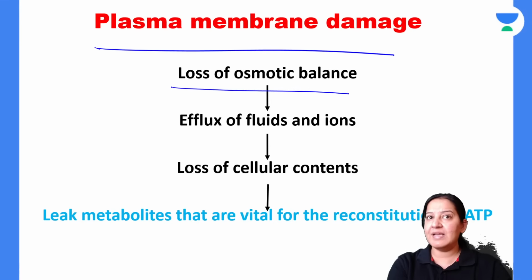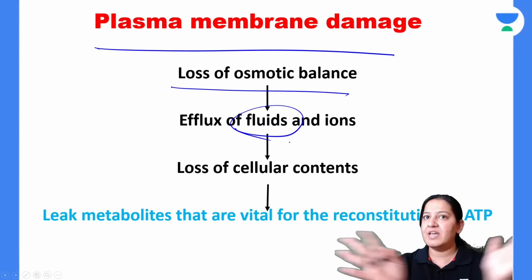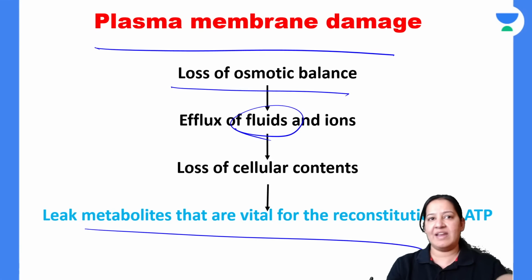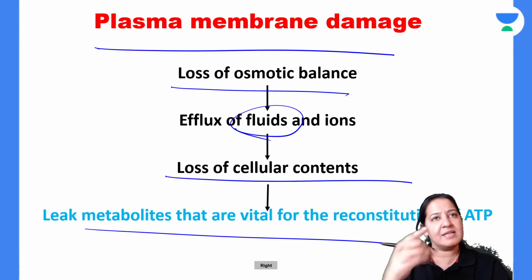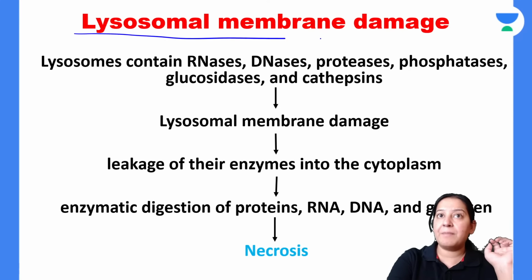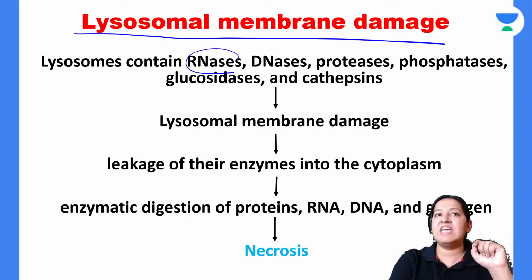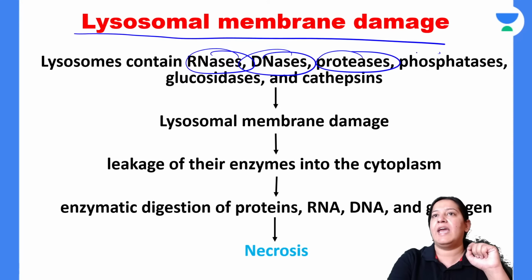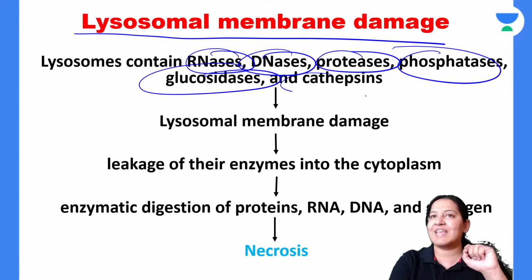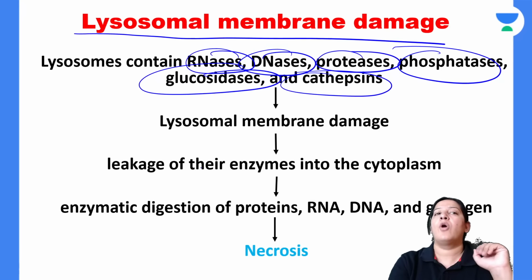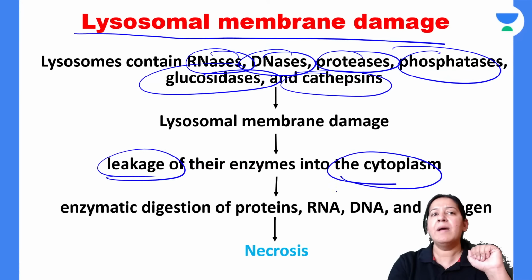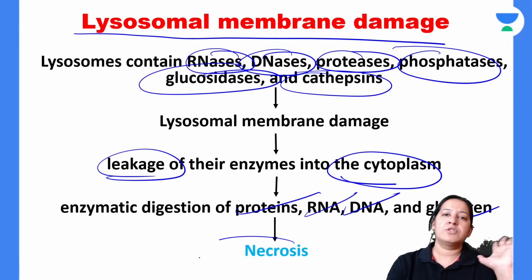If the plasma membrane is lost, the fluid will come out. There is leakage of the fluid, loss of the cellular contents, and the cell will die. And number three, lysosomal membrane damage. All the enzymes, DNAse, RNAse, protease, phospholipase, glucosidase, cathepsins, all will leak into the cytoplasm and they will degrade DNA, RNA, protein, glycogen, everything. So the cell will die.